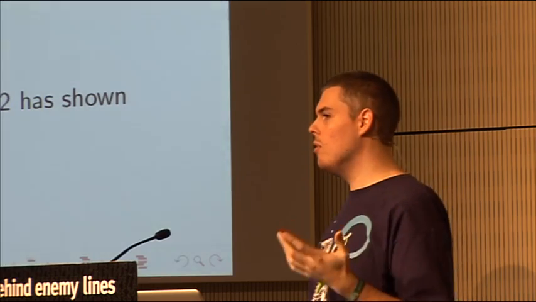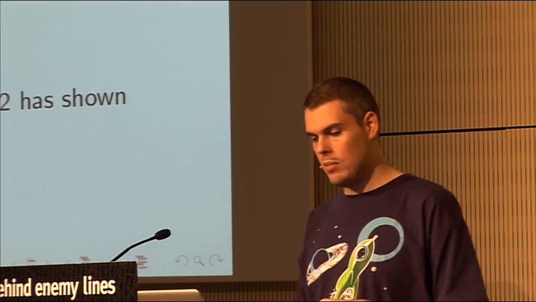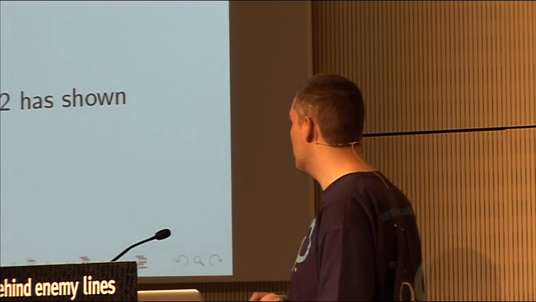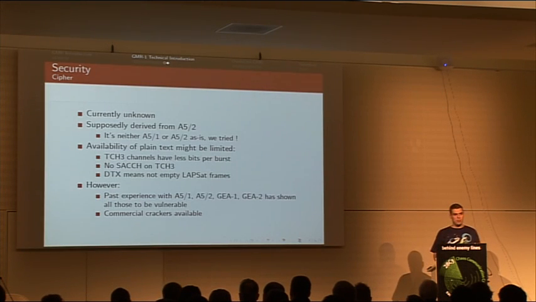However, we can still look into what we could do once we get the cipher. As I said, the availability of plain text is going to be more limited than in GSM, mostly because of the discontinuous transmission, so there are no idle frames that we can use. Another source of known plain text in GSM was the SACCH, the slow associated control channel.